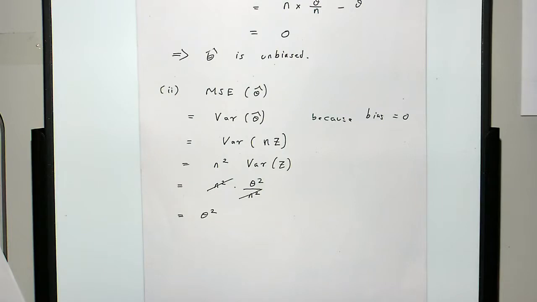Actually, the MSE is a constant. The mean squared error is a constant in this case, so it cannot approach 0 as n approaches infinity. You see, for an estimator to be consistent, its MSE must approach 0 as n approaches infinity. In this example, it does not, right? Okay.